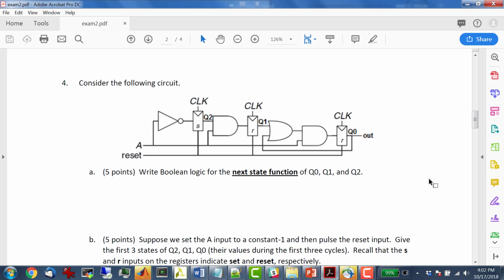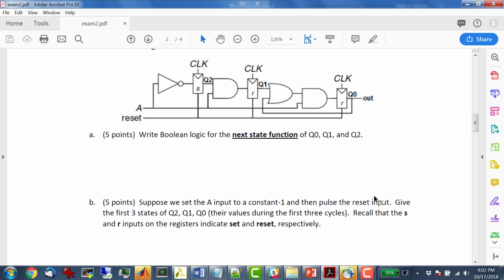Part B was, suppose we set the A input to a constant 1, then pulse the reset, give the first 3 states. So the first state is going to be, when I reset, this reset input is going to set Q2. So if I look at Q2, Q1, Q0, can you see that?